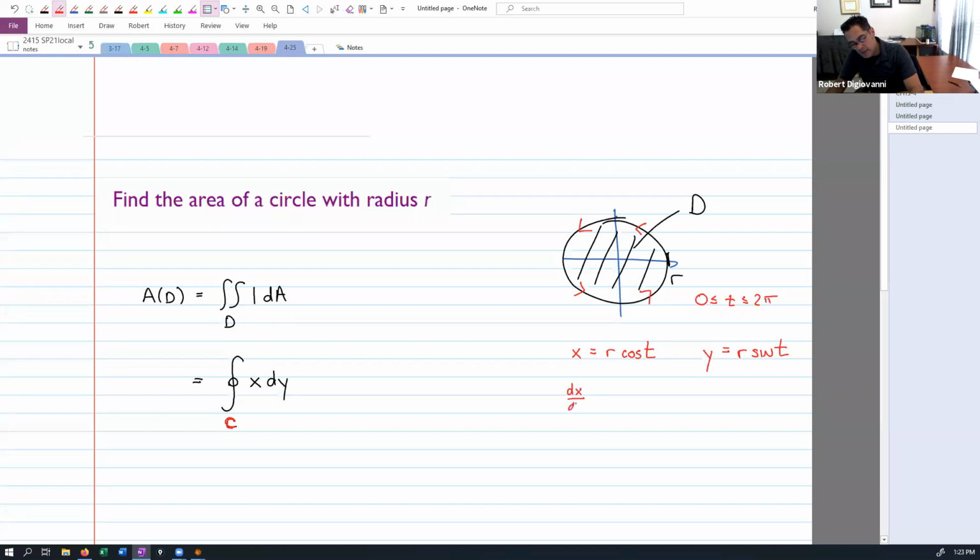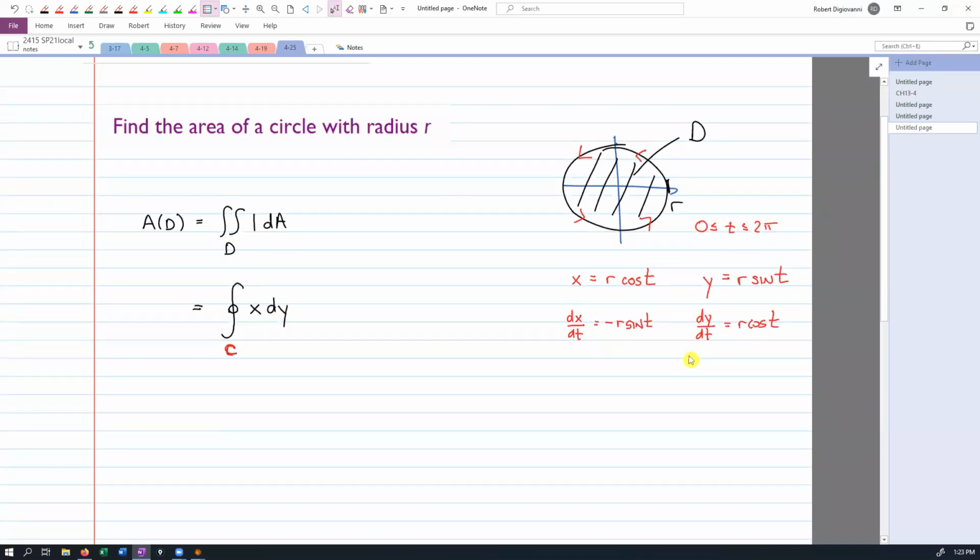dx/dt is negative R sine t, and dy/dt is R cosine t. Y'all with me? Okay, so here we go.